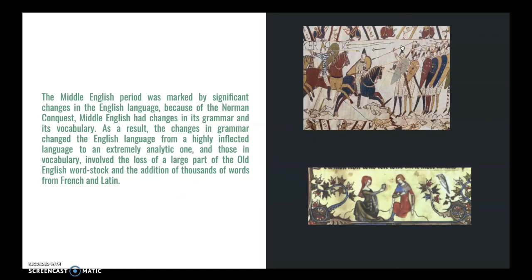The Middle English period is mainly significant because of this conquest. William the Conqueror, the Duke of Normandy, invaded and conquered England in 1066 AD with his armies and became king himself.